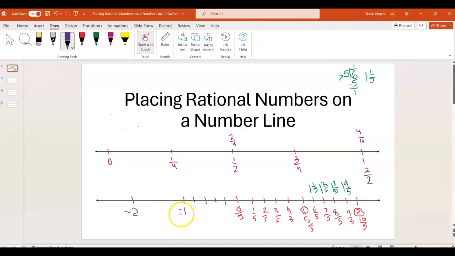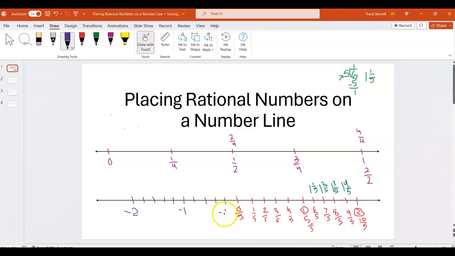Negative 5/5 would be that negative 1 whole. Negative 1 and 1/5, negative 1 and 2/5, negative 1 and 3/5, negative 1 and 4/5, negative 2 wholes. So all of these values here on the right side are going to be mirrored over here on the left side.